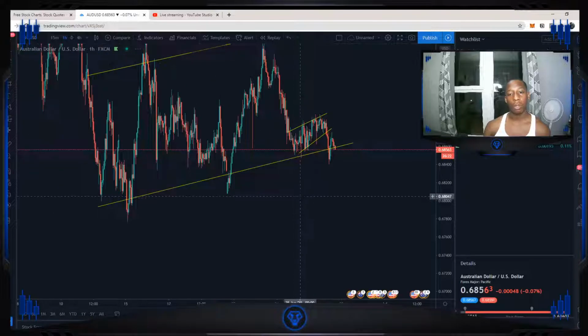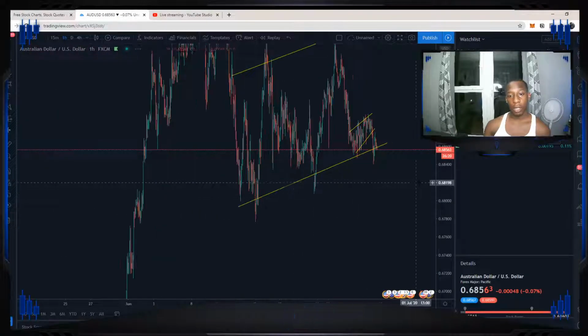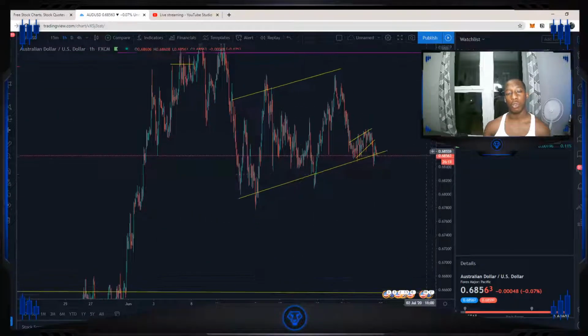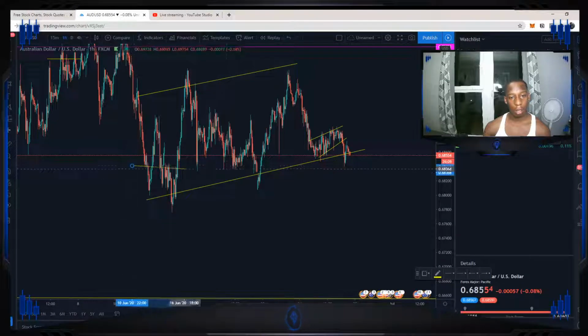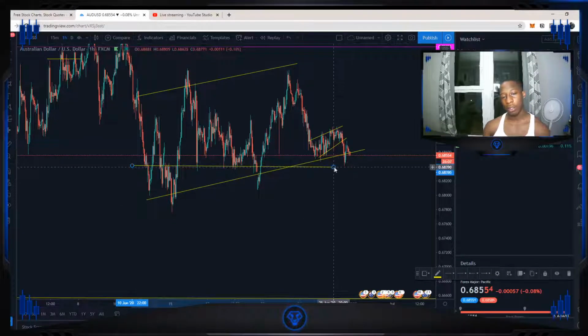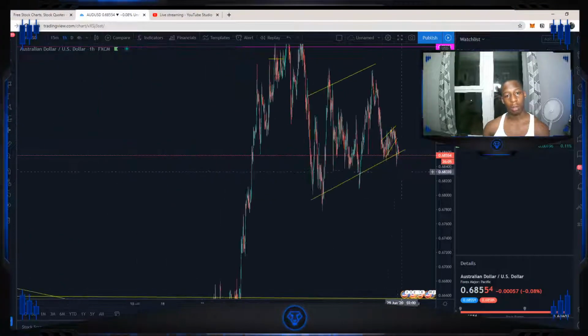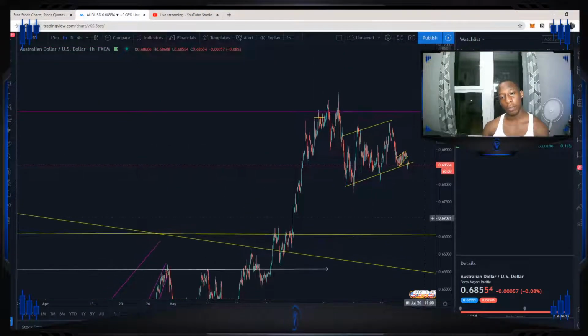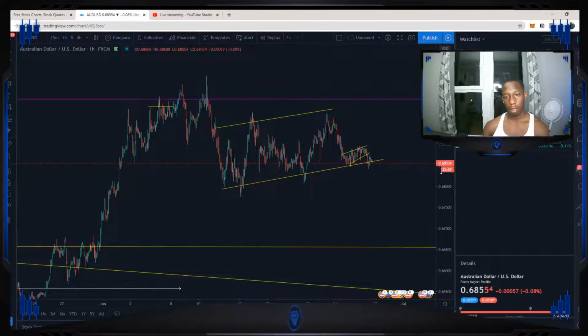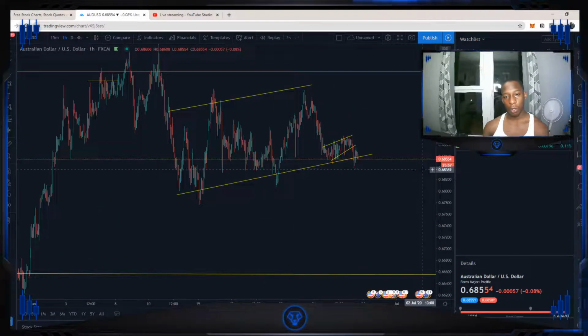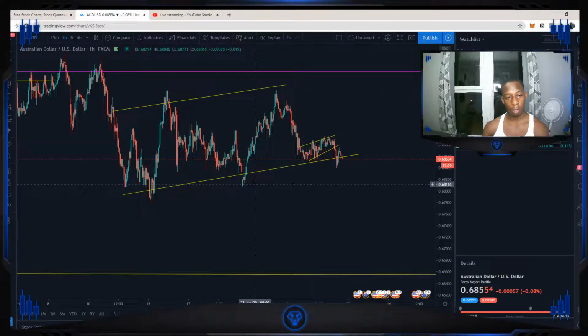Okay, cool. So now you're looking for some shorts if it breaks this level, because there's support right there. However, it doesn't really matter, because that is very minor, and we could be looking for nice shorts.